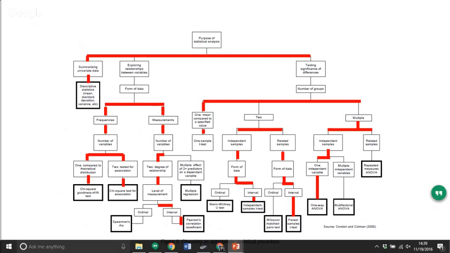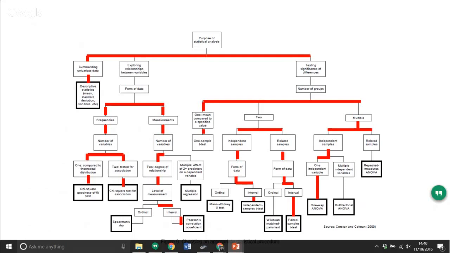I like this tree because I think it's a nice little flowchart way to go about making these decisions. If you find another way that works for you, certainly it's beneficial to understand this, because if you understand it, then you can figure out the best way to discuss what your findings are and know which tests you want to use to describe your data, to test those hypotheses.